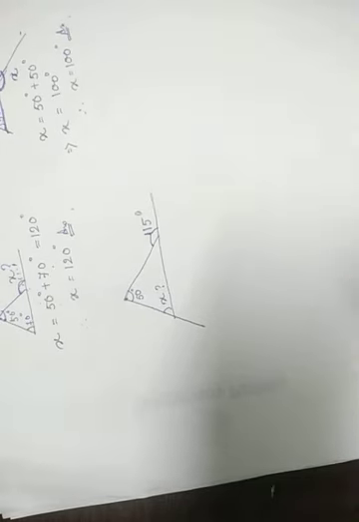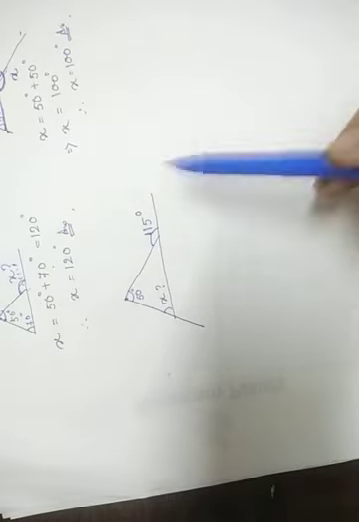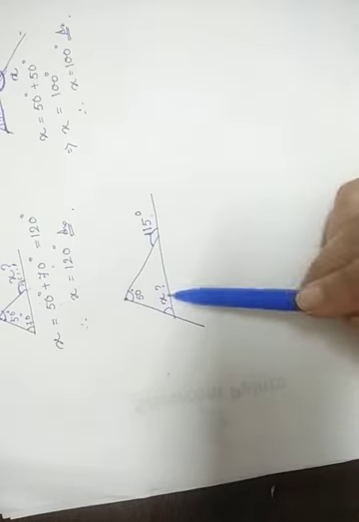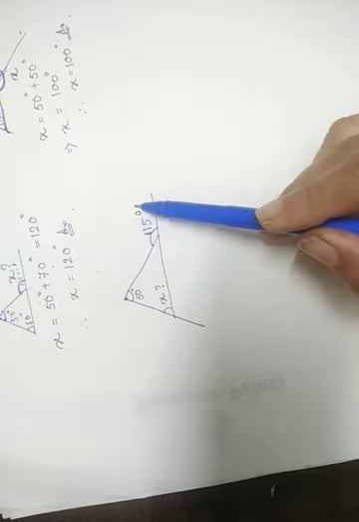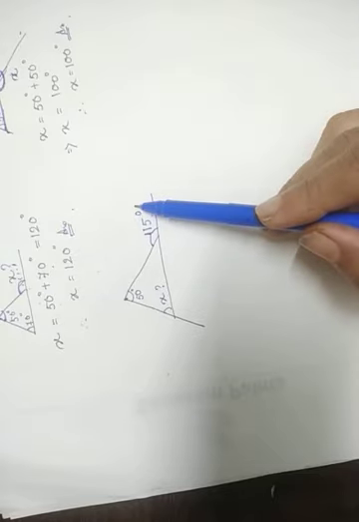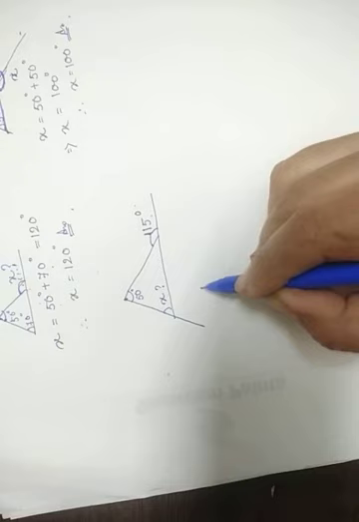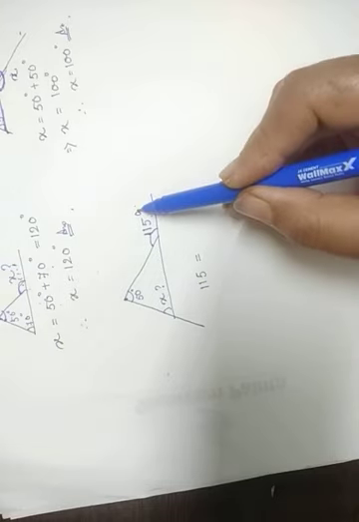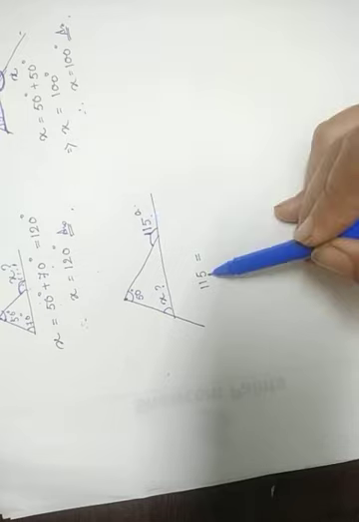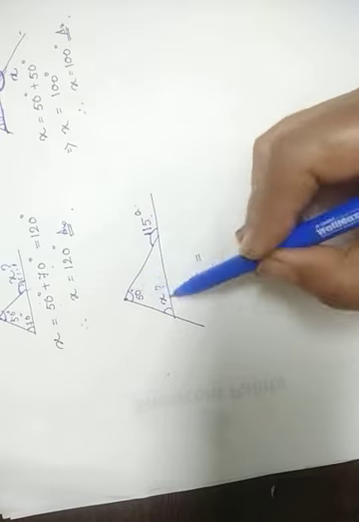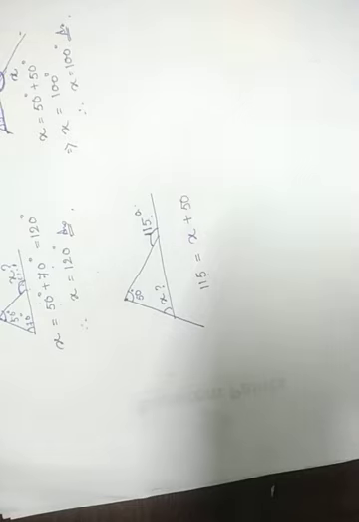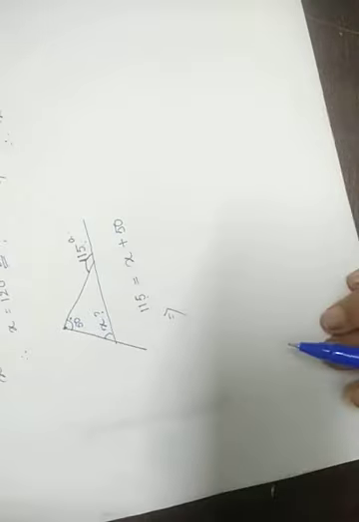Here also there is a relation between the exterior angle and the opposite interior angles. So from that relation you can write the equation: 115 equal to, this is the exterior angle, so this exterior angle is equal to the sum of these two angles. So what you can write? X plus 50. Okay. So now you solve it.